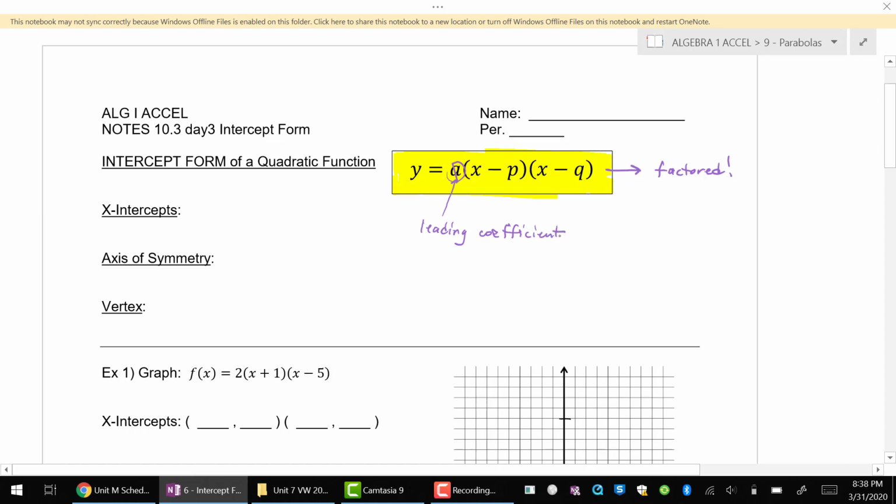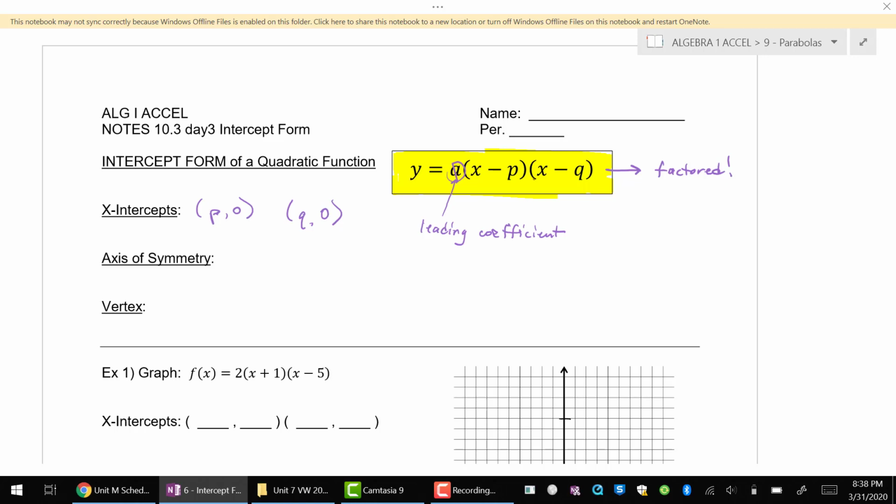So x-intercepts in this case will simply be p and q. P comma 0 and q comma 0. Be careful though, because what you'll see in the form is a minus sign potentially, so we really want the opposite of p and the opposite of q. And I'll show you what that looks like in just a moment.